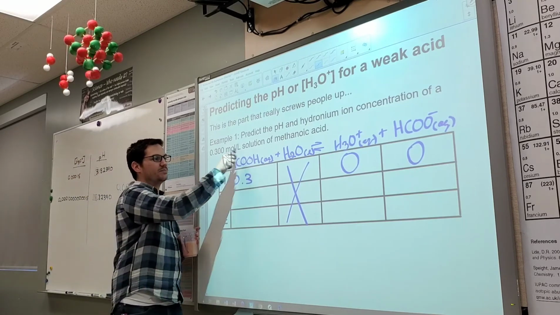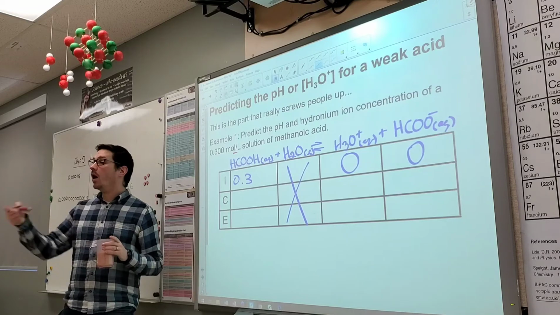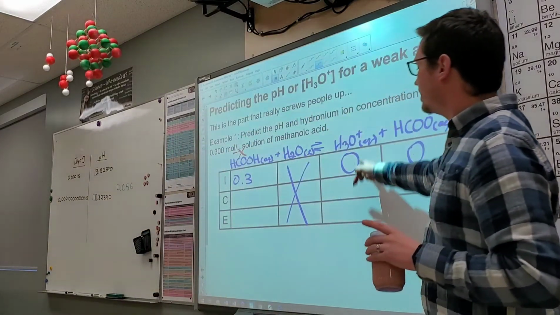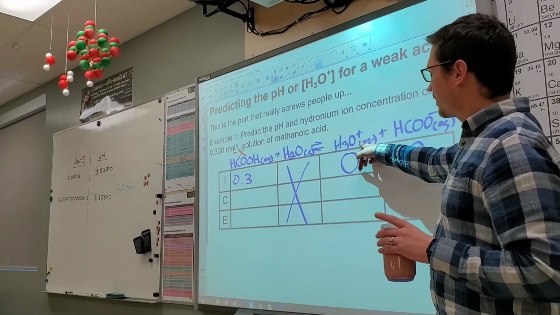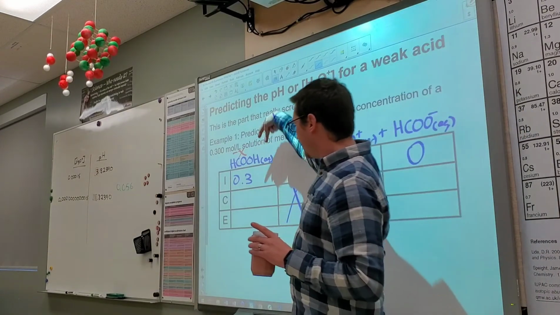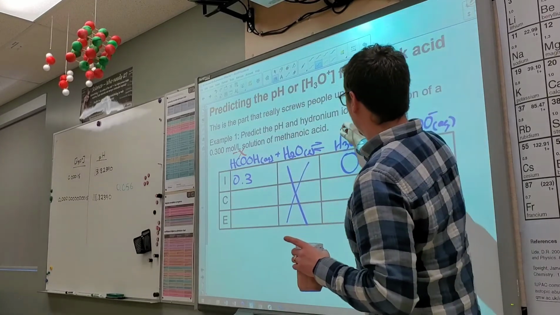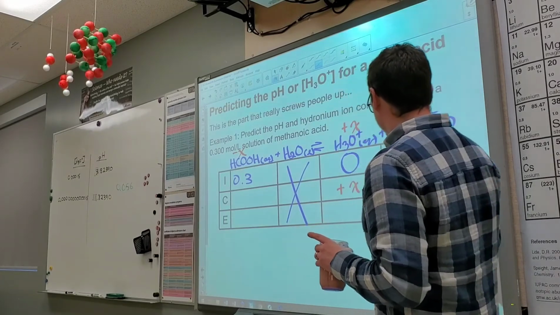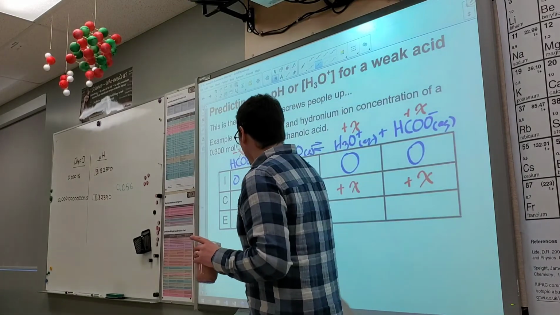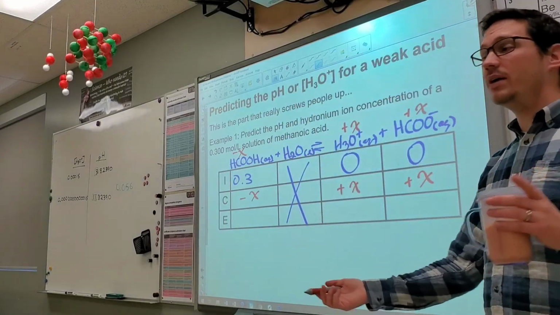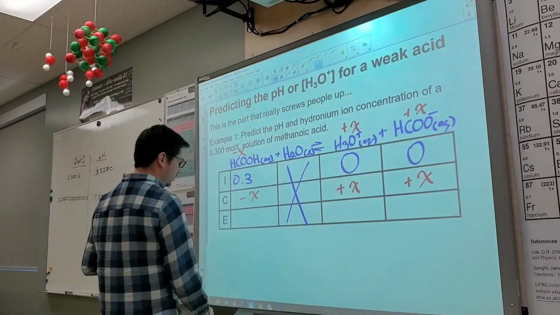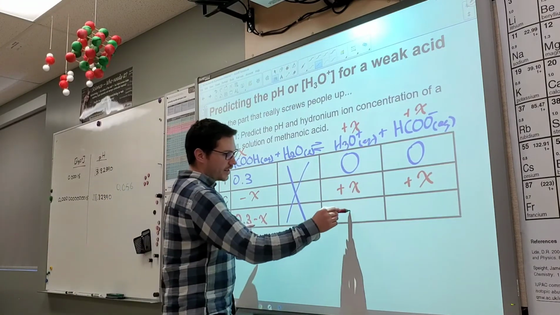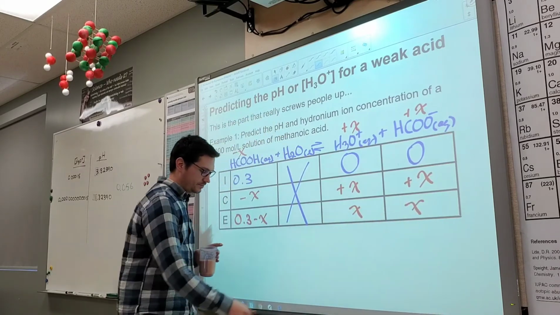You're going to decrease by how much? 1x, right? Am I going to increase or decrease my hydronium? Increase, because if the reactants go down, the products have to go up. So plus x, plus x. That's the only way I can solve this, by using those x's. 0.3 minus x, x, and x.